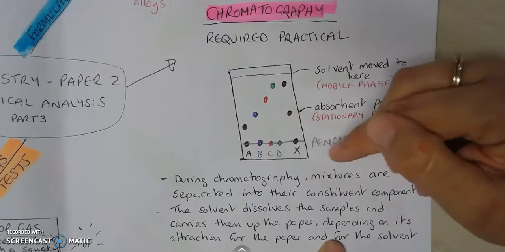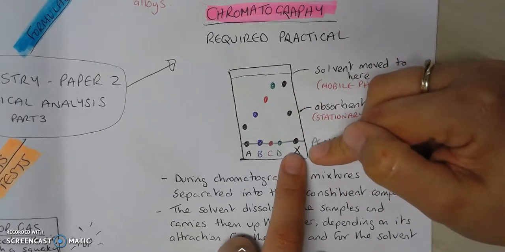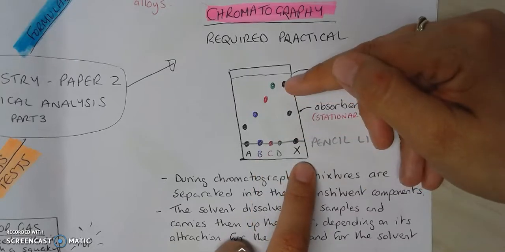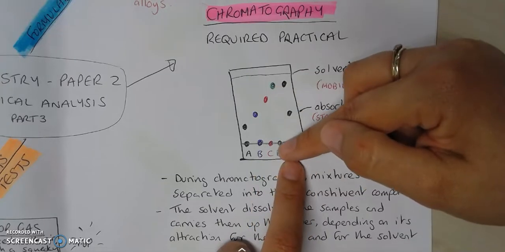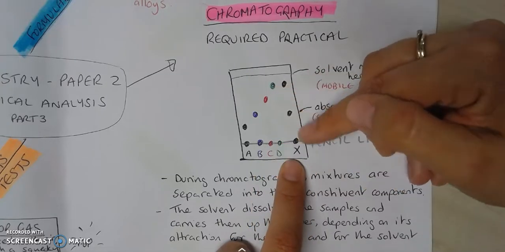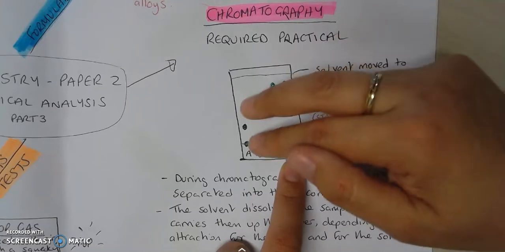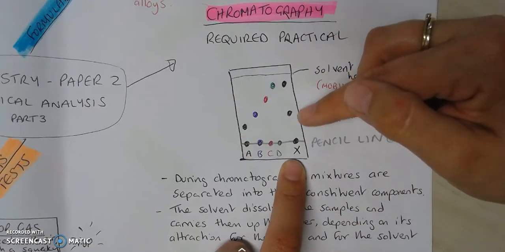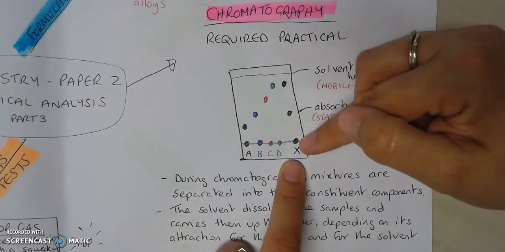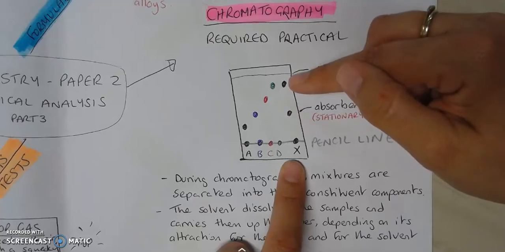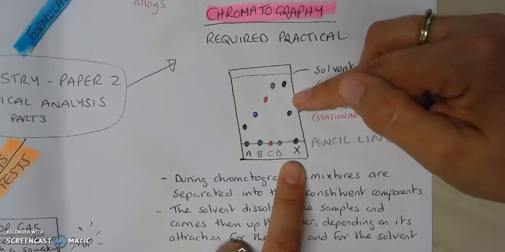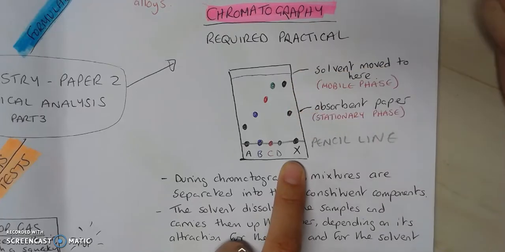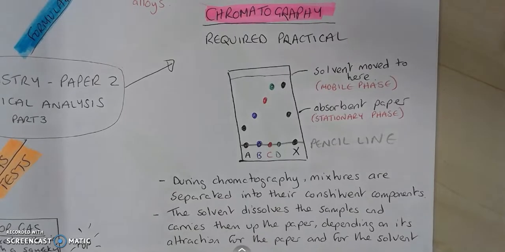And actually I could work out that yes, X has got some of B's ink in it, and yes, X has got some of D's ink in it, but it doesn't specifically match a particular pen. So what you can say about this is X contains B and D, it does not contain C and A, and that would be a good answer because I'm talking about all the points.